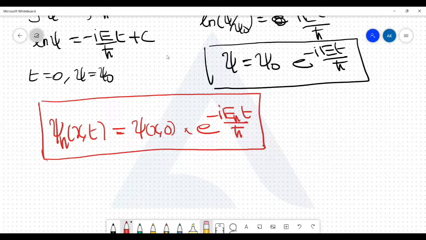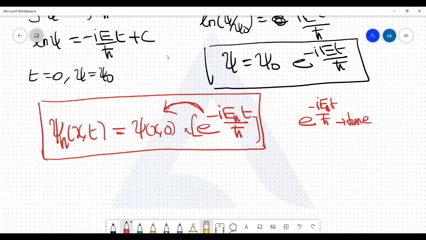If you have a system at psi of x at t equal to 0, when you operate with this guy, e raised to minus i E n t by h cross, this is called the time evolution operator. It will take the system into some time t.